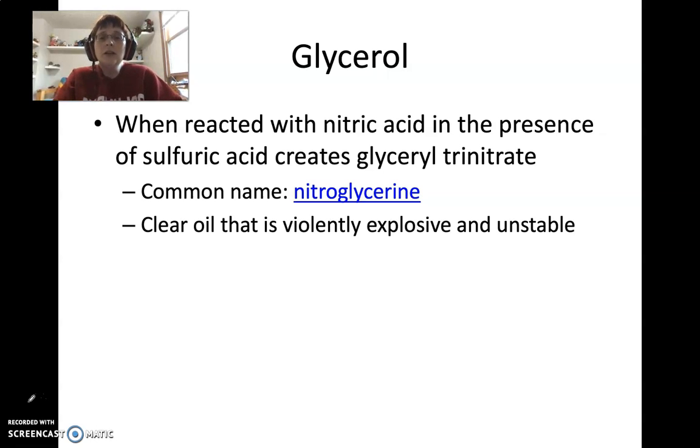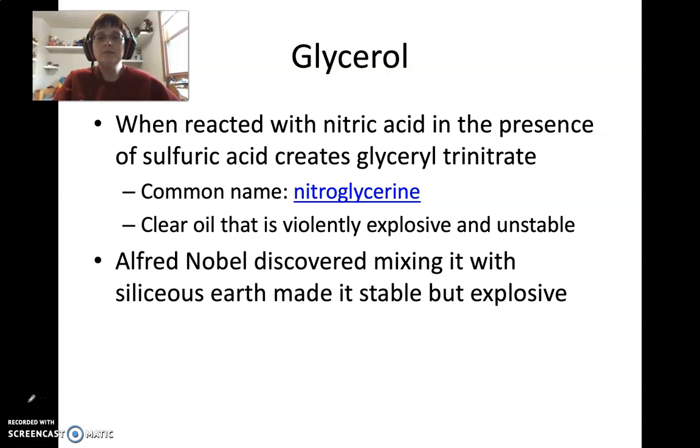It is a clear oil, as you'll see in that video, that is violently explosive and unstable. It doesn't take much of a hit to get it to ignite. So it's a very interesting compound in that sense.